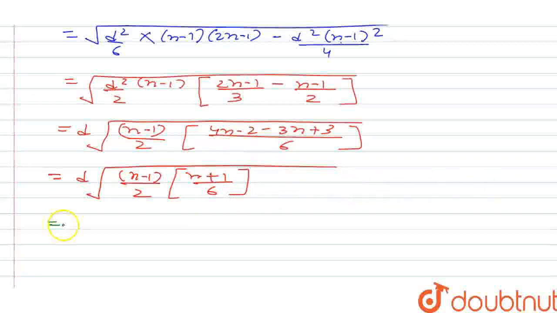So this is that we know, a minus b, a plus b, which will be equal to n square minus 1, and 2 6 is 12. So we can clearly say that this is standard deviation. I hope you understand the solution.